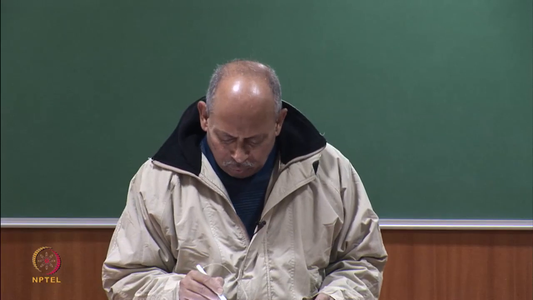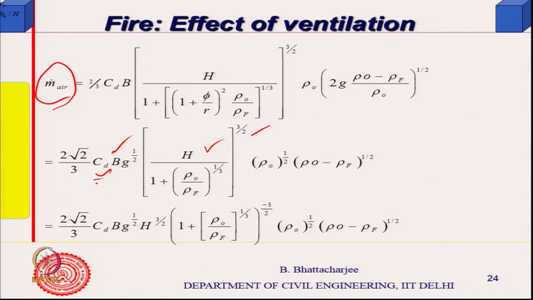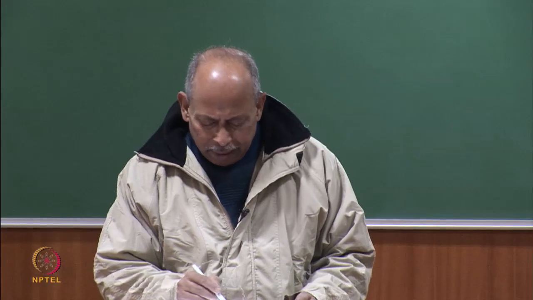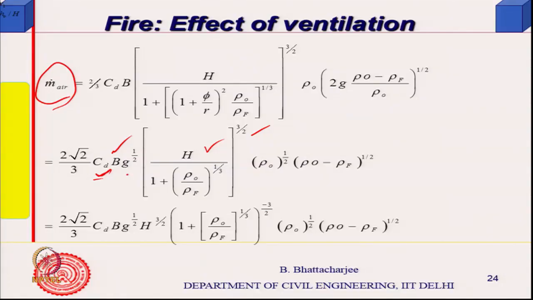CD is the discharge coefficient, which we know from various studies as an empirical value, because there is no way you can theoretically derive it. So, CD is known, g is known, rho 0 and rho f we take as the same ratio, 3.2, so those values are roughly known to us.